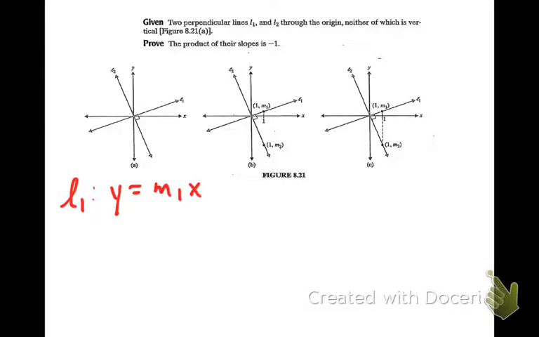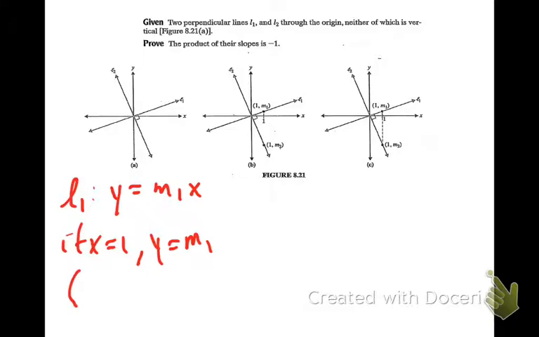The y-intercept is 0, so it's just M1 times x. So if x equals 1, then y equals M1. So that's how we get the point.